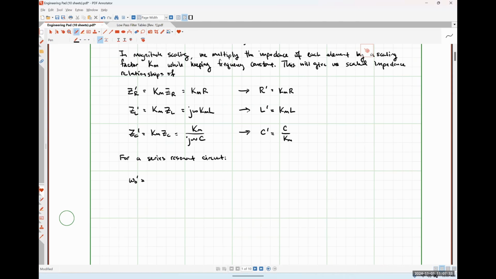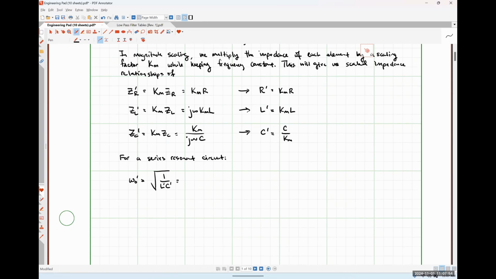For a series resonant circuit, we know that we should have 1 over root LC. And if we scale the inductance and we scale the capacitance, we'll have a scaled version of our resonant frequency that's the square root of 1 over scaled L times scaled C, right?